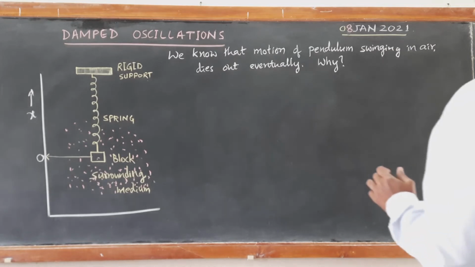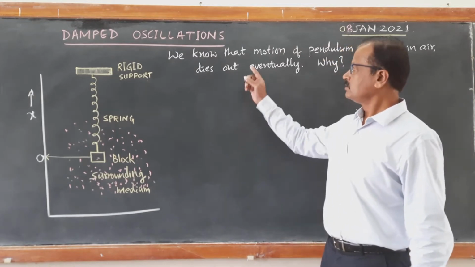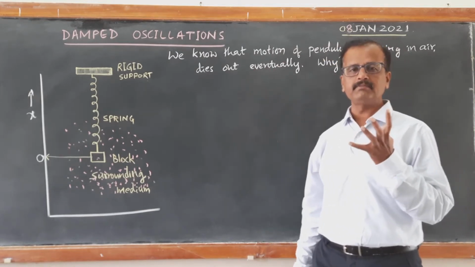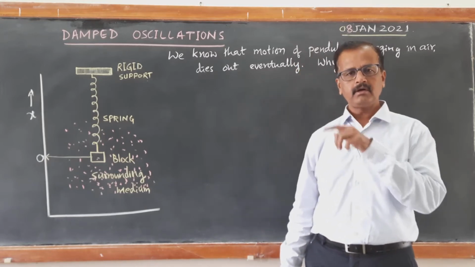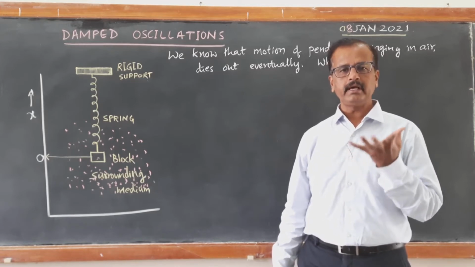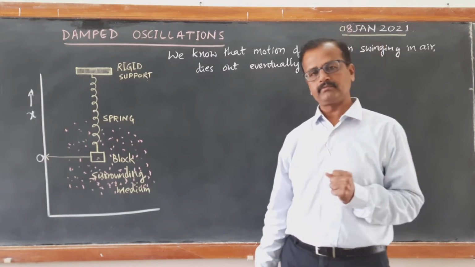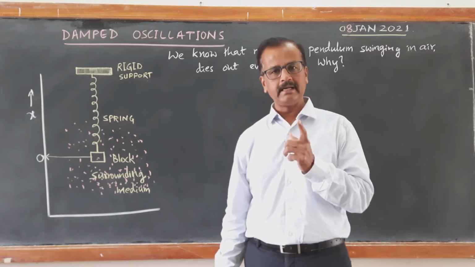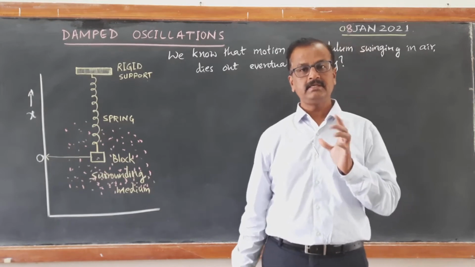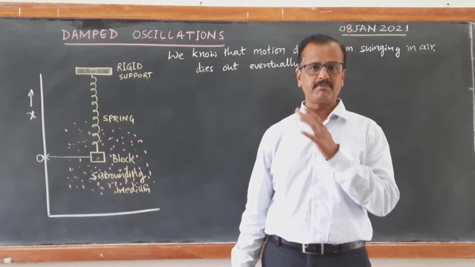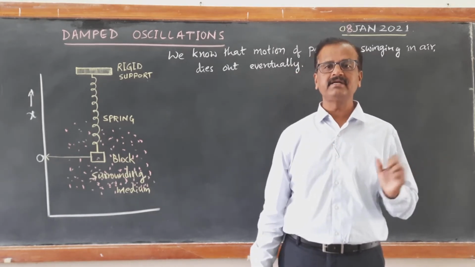Now we are learning the actual oscillations in a medium, which we term damped oscillations. We know that the motion of a pendulum swinging in air eventually dies out. Why does it happen? What is the reason? Mainly the dissipative forces, such as friction at the point of support, which opposes the motion, and second, the viscous drag of the air.